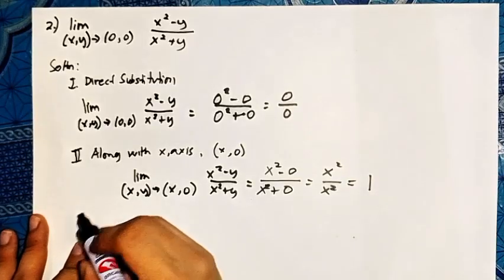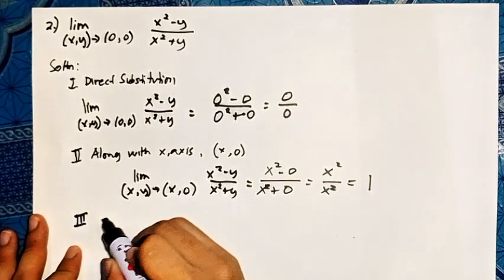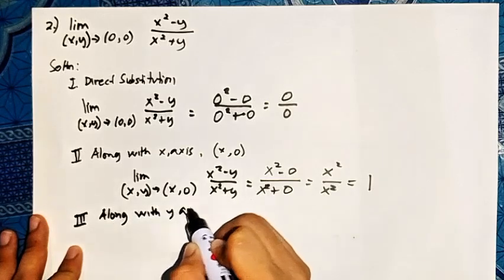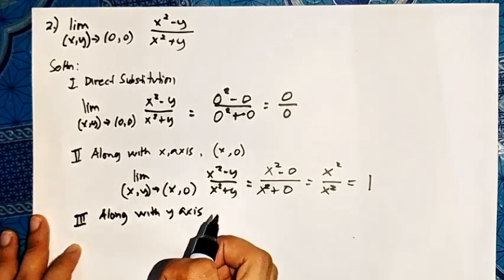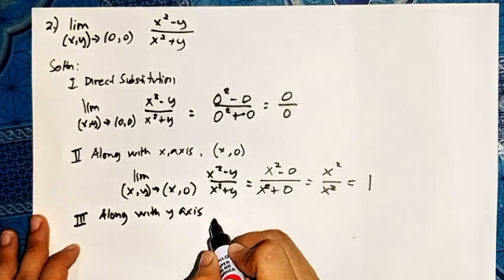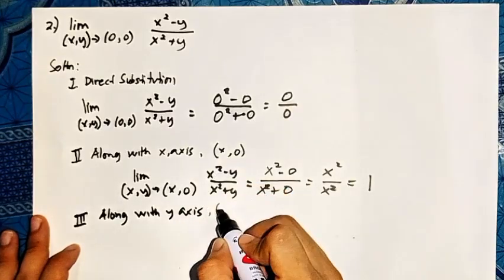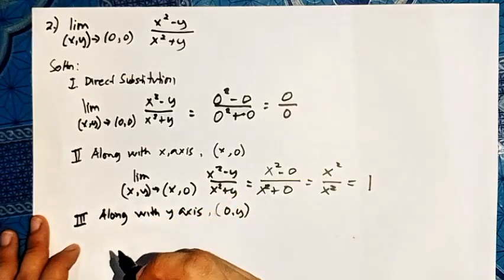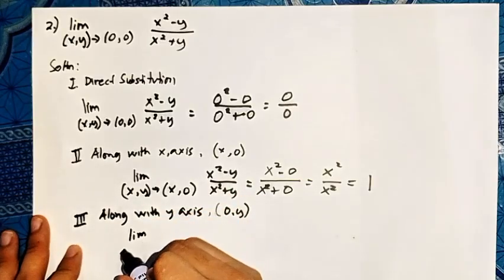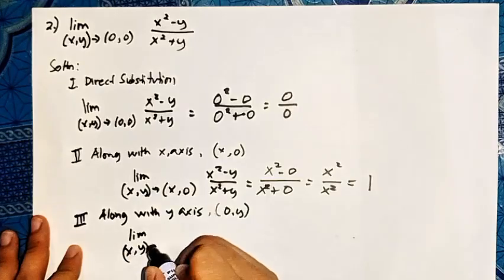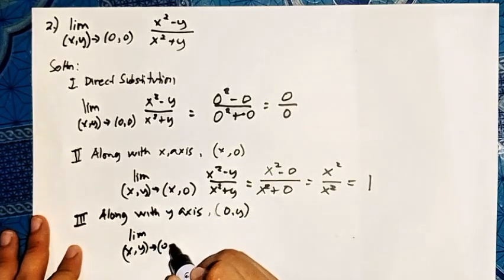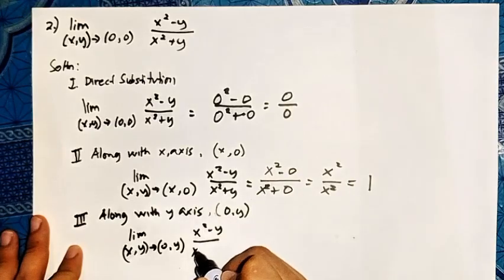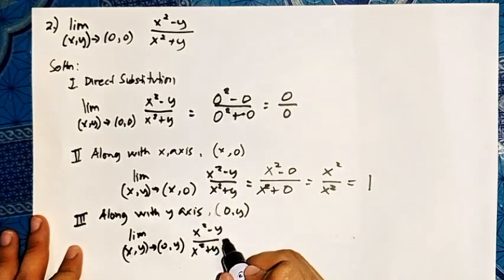Now let's proceed along the y-axis. Along the y-axis, every point is of the form (0, y). The limit along this approach is the limit as (x, y) approaches (0, y) of x squared minus y over x squared plus y.